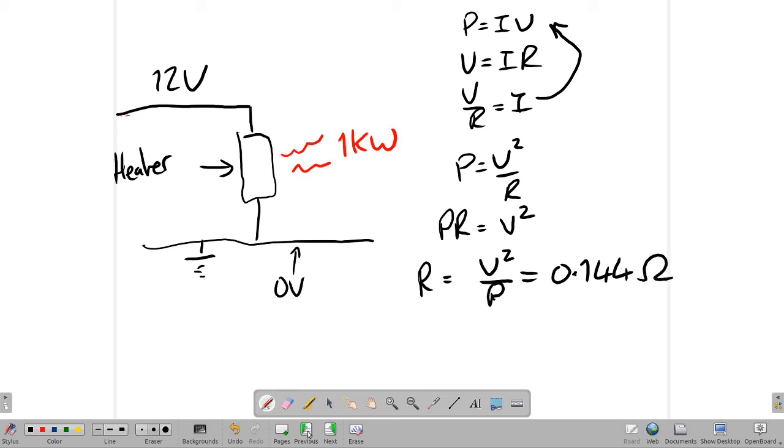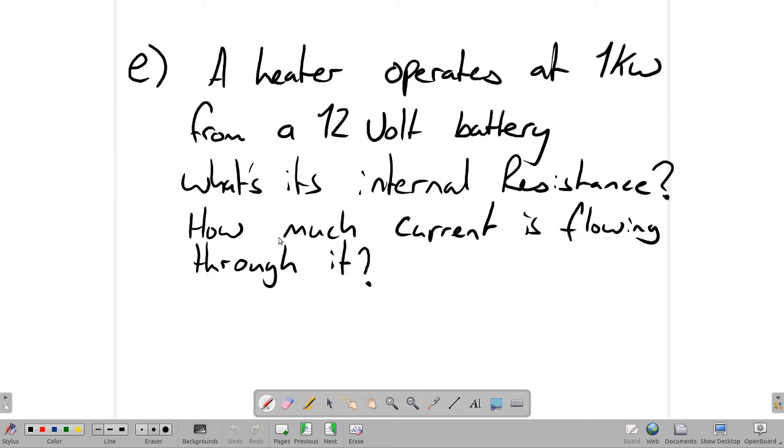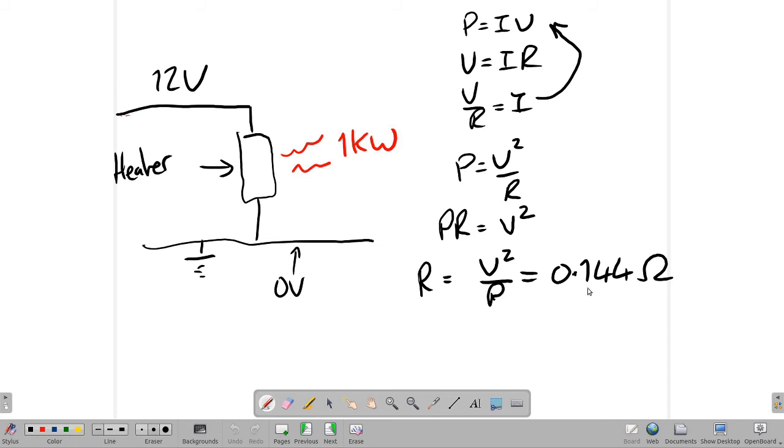All right then, what else does it want us to find? It wants to find how much current is flowing through it. So we can use V equals IR up here to find our current because we know our resistance and we know our voltage. We can do the voltage divided by the resistance to find our current. So V over R equals our current.